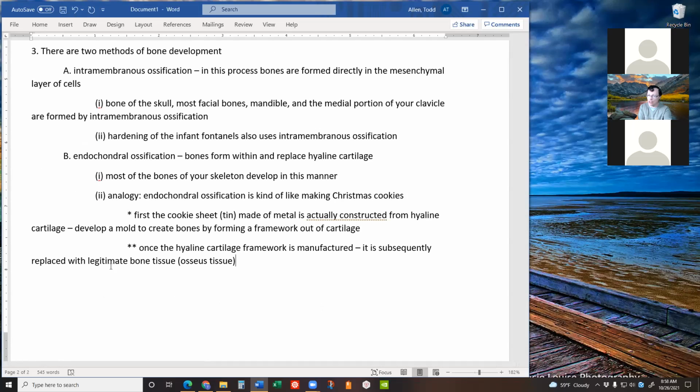That's what I'm talking about with my analogy, where before we create the Christmas cookies, we've got to make the Christmas cookie sheet. That's made of hyaline cartilage. It's number 1, development of the cartilage model. It says here, mesenchymal cells develop into chondroblasts. Chondroblasts are cartilage building cells which form the cartilage model.